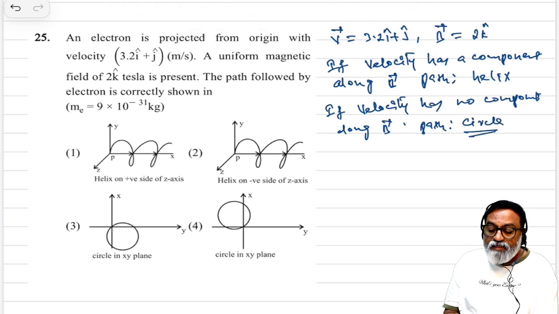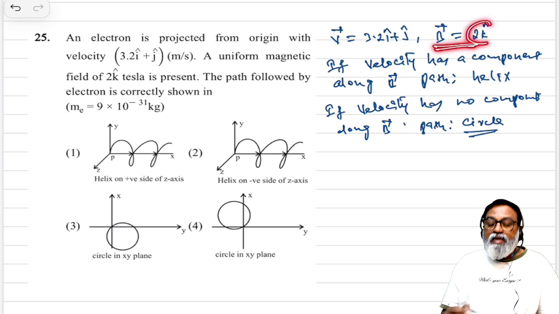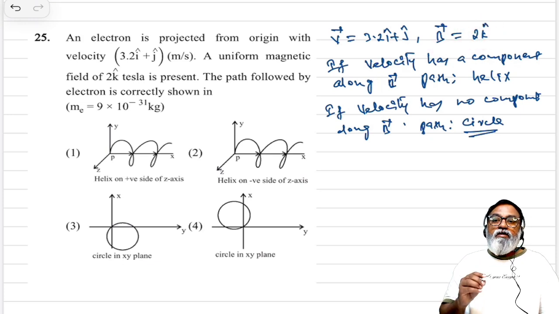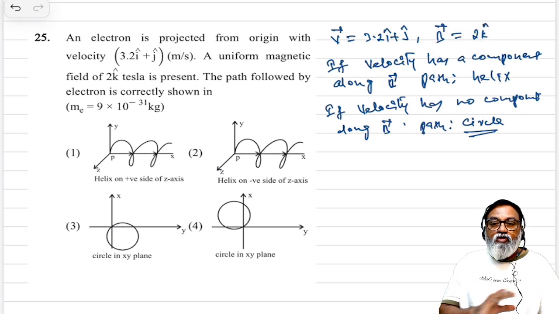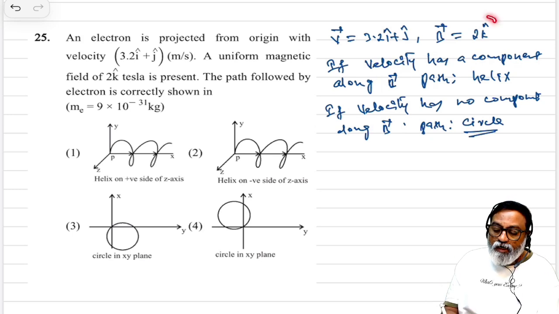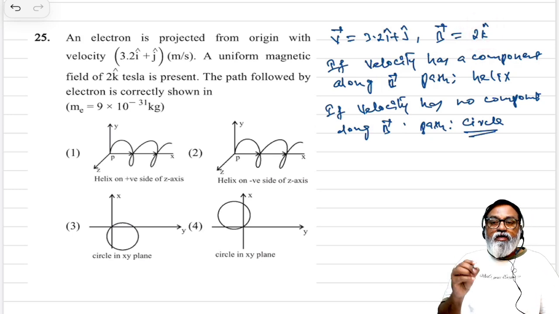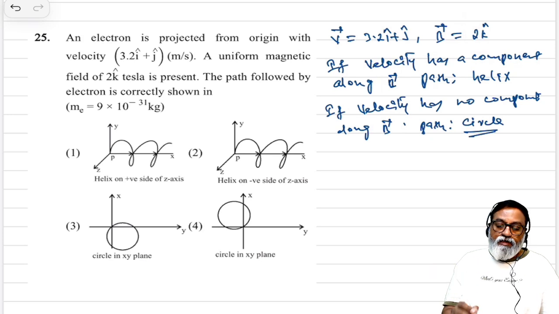See here, velocity has a component along x direction and y direction, but the magnetic field is along z direction. Means here the velocity does not have any component along b bar. Therefore, here the path is a circle.